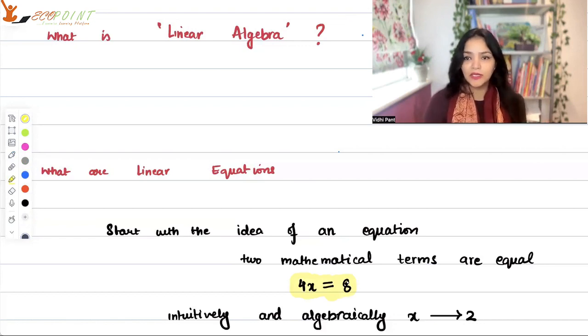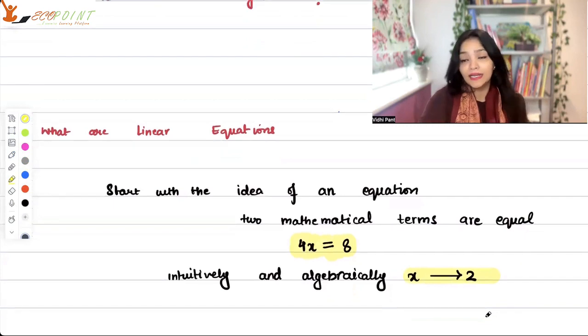Two mathematical terms are there, 4x and 8. Intuitively and algebraically as well, you can clearly state that x should be 2, because when I give x the value 2, 4 times x will give me 8, right?